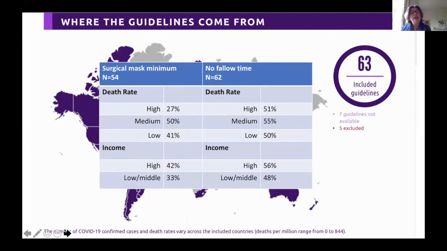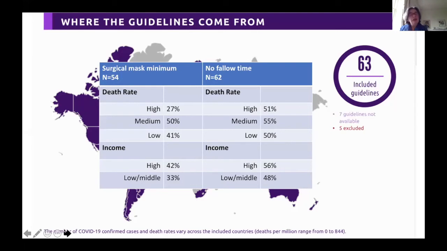As you can see here, there are small variations between countries in terms of their death rates, whether it was a high death rate due to COVID, medium or low, and whether or not the World Bank considered them a high or a low to middle income country. We looked at the minimum mask recommendations and also not recommending a fallow time. Statistically, there are no differences, so there is nothing that really explains this world variation.